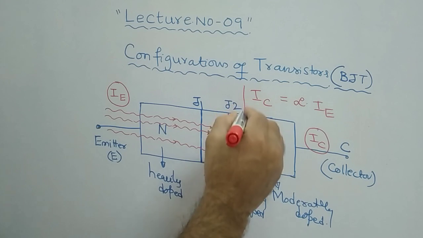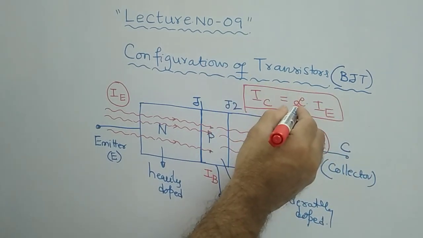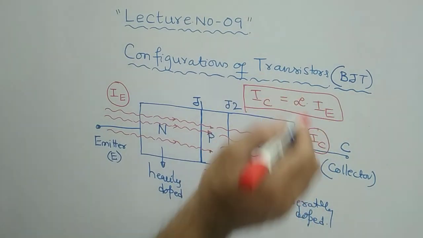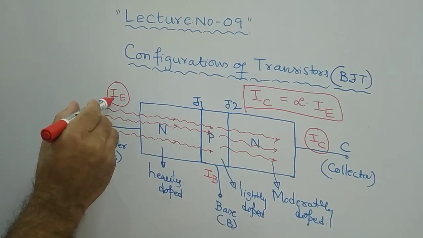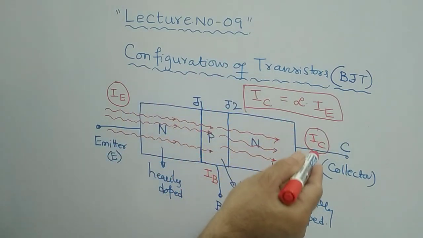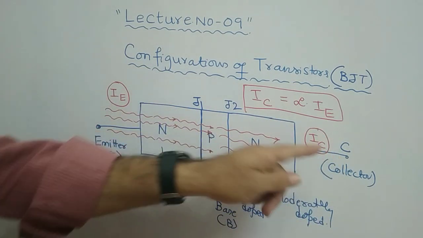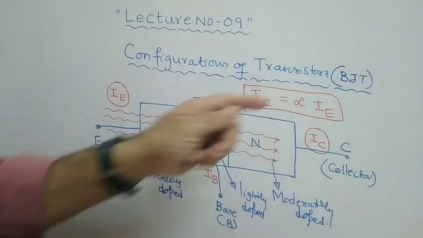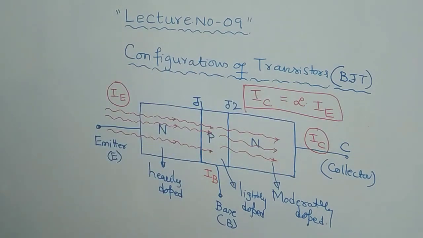So your output current IC is equal to alpha times IE, where alpha is a fraction of the emitter current that will be collected by the collector terminal.